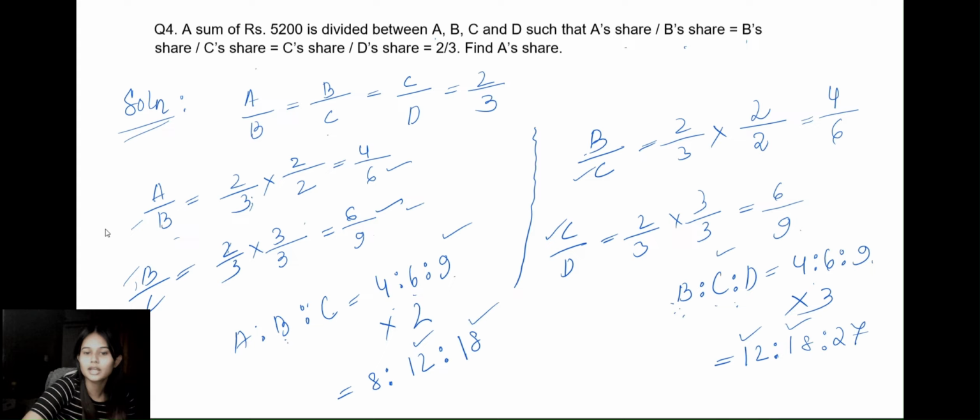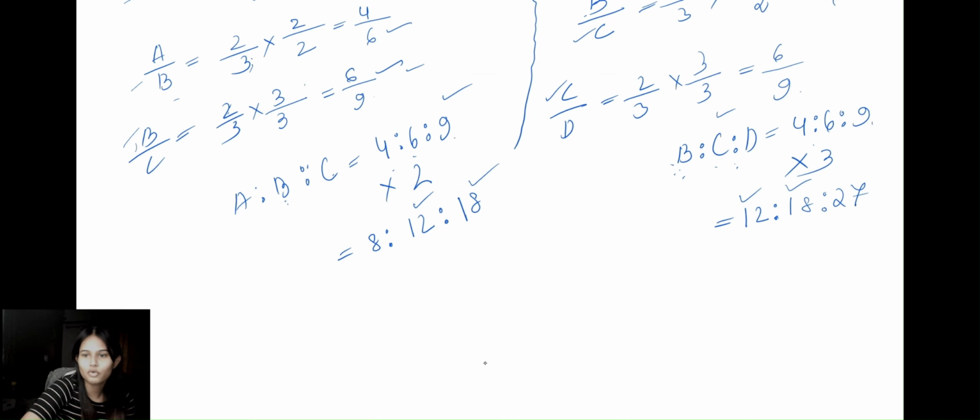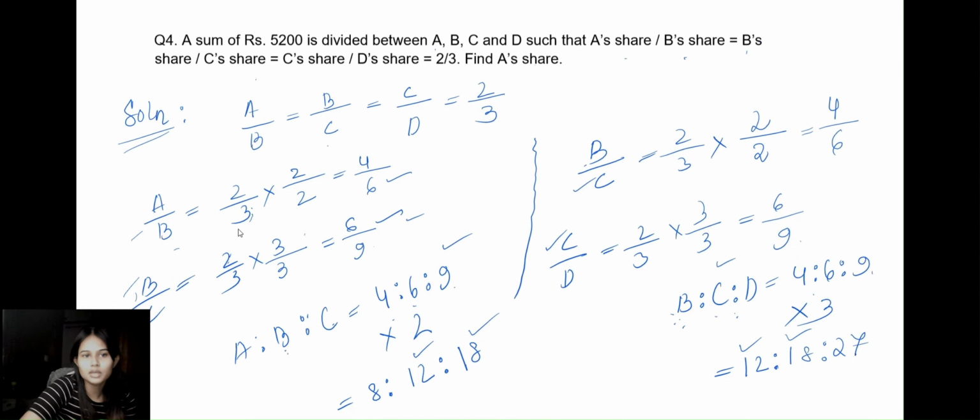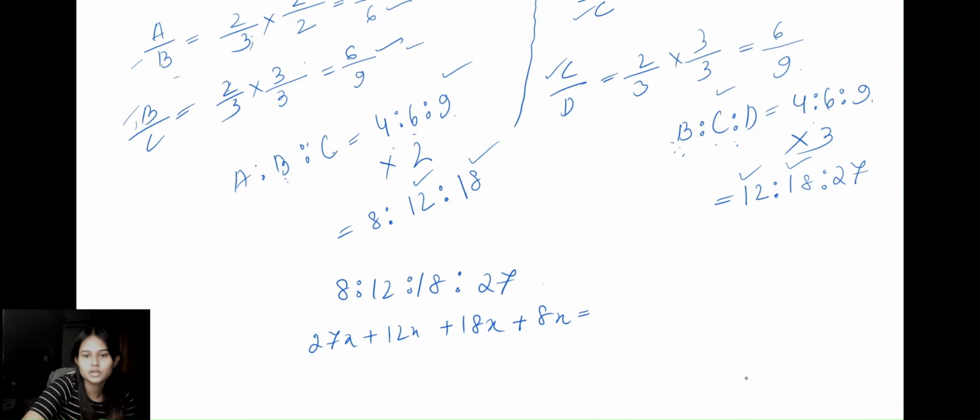Therefore, this is the right proportion for all 4 of the variables. Therefore, the correct proportion is this, right? Therefore, we can directly equate 27x plus 12x plus 18x plus 8x equal to the sum given in the question, that is 5200.